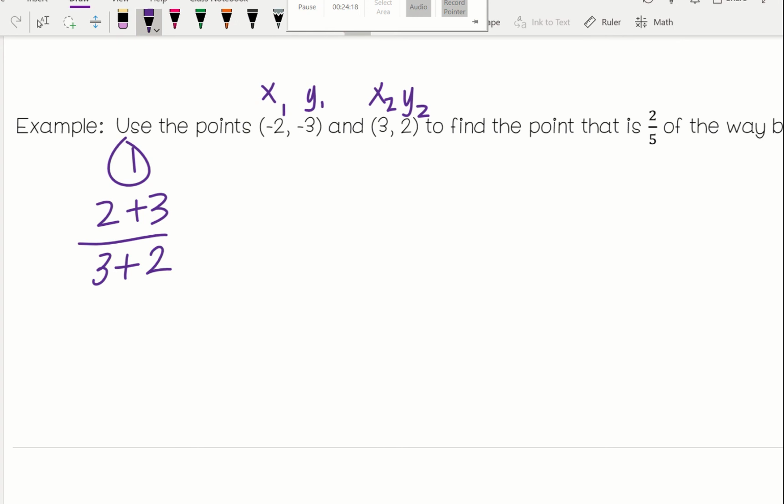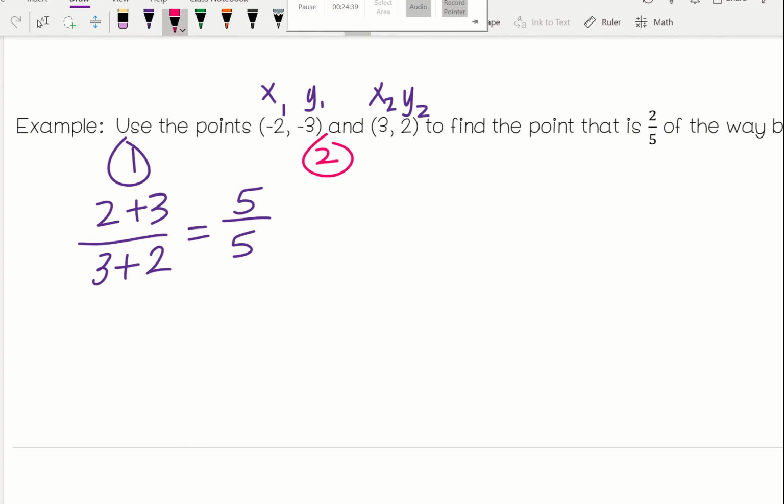But since my x1 and y1 were both negatives, whenever I do minus a negative, it turns into plus. So what'd you get for your slope? 5 over 5. 2 plus 3 and 3 plus 2, so both of those add to 5.